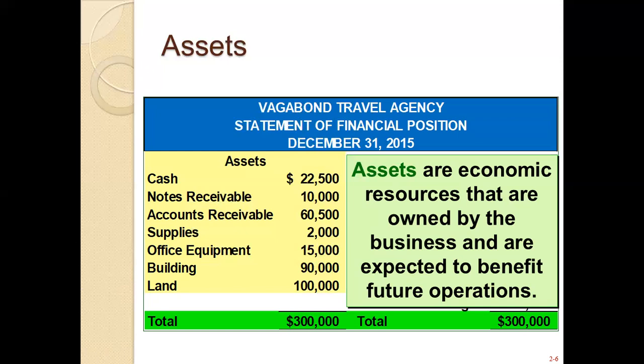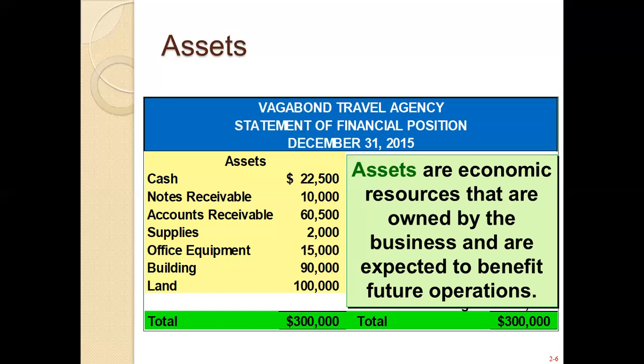Then the thing that comes to my mind is that it is basically my business resources, my economic resources, that I will use, these buildings, these rooms, these furniture, this land, and get a benefit.